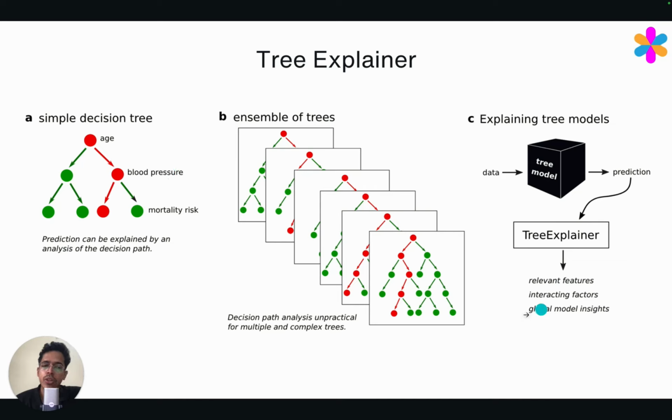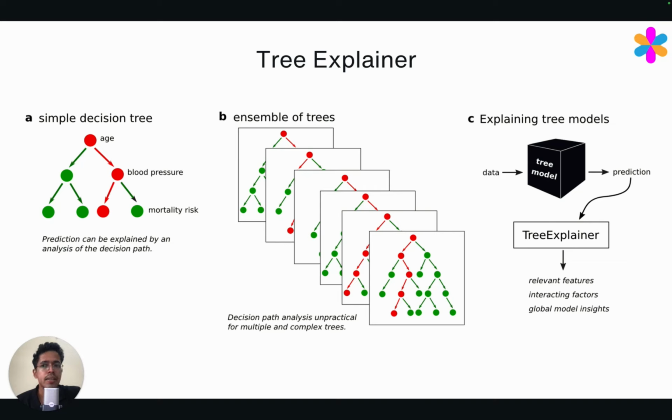And globally also we can make such inferences, and we can also see whether features interact with each other. This slide is deliberately made a little bit vague because I don't want to present an ultra complex concept in this video where we are qualitatively going through the explainable AI methods.